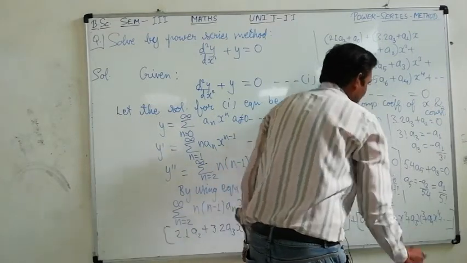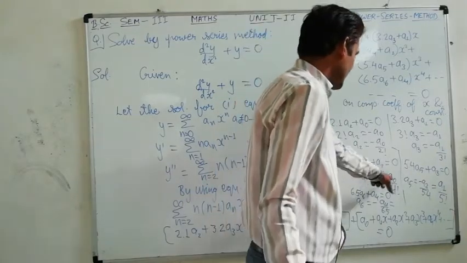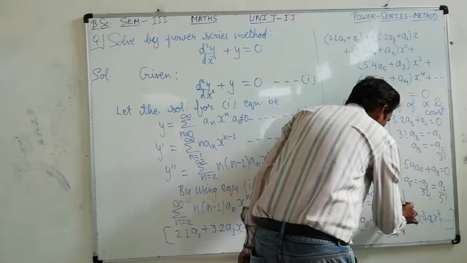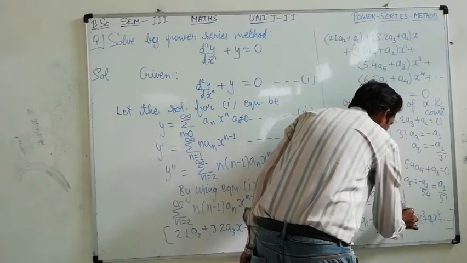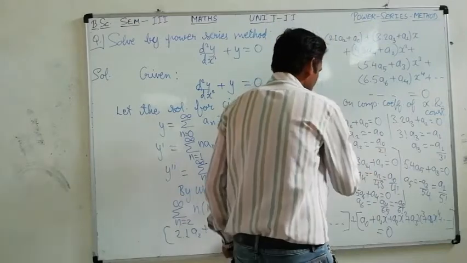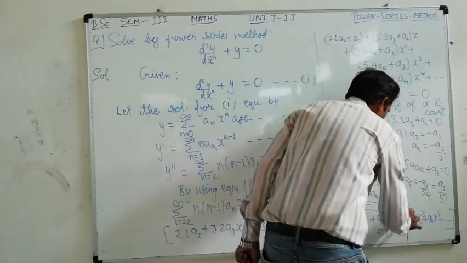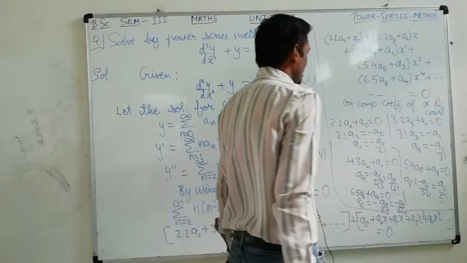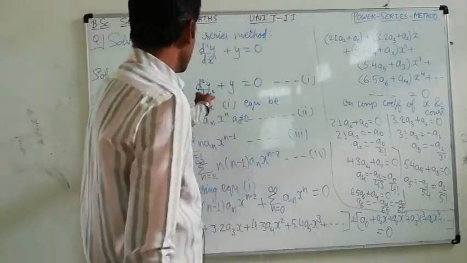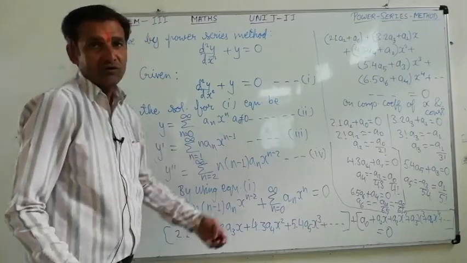A4 value we know very well, it is a0 upon 4 factorial. So, it is positive, and this will again become negative, minus a0 upon 6 factorial, because 6 into 5 into 4 factorial will be 6 factorial. So, in this way we have to proceed and we will get the further values also. After getting all these values, we have to use first equation now and we will have to solve it further.